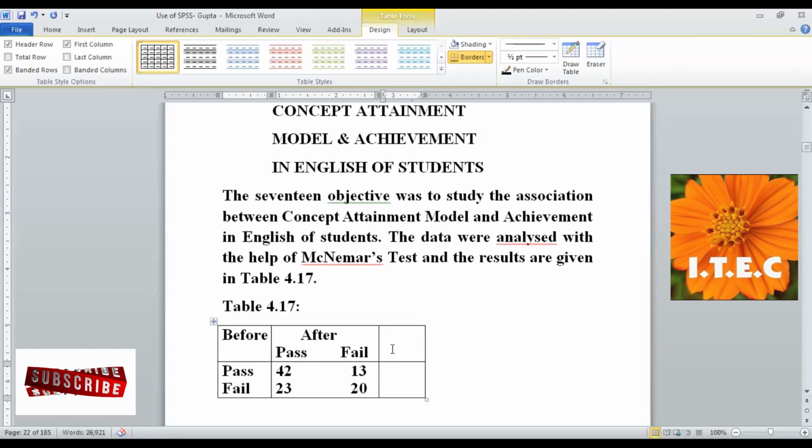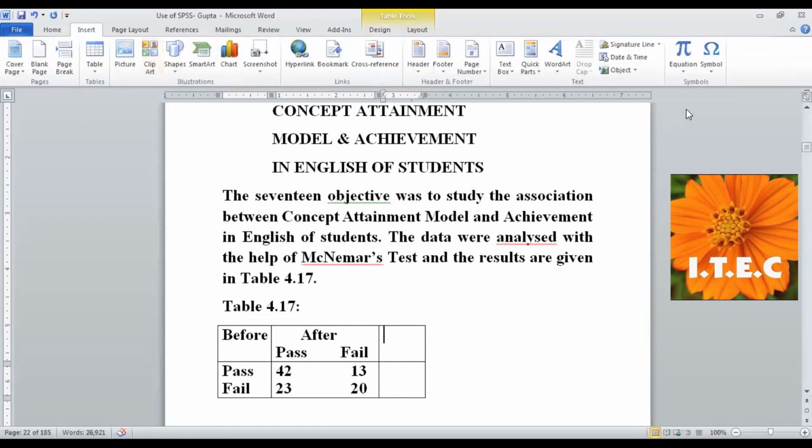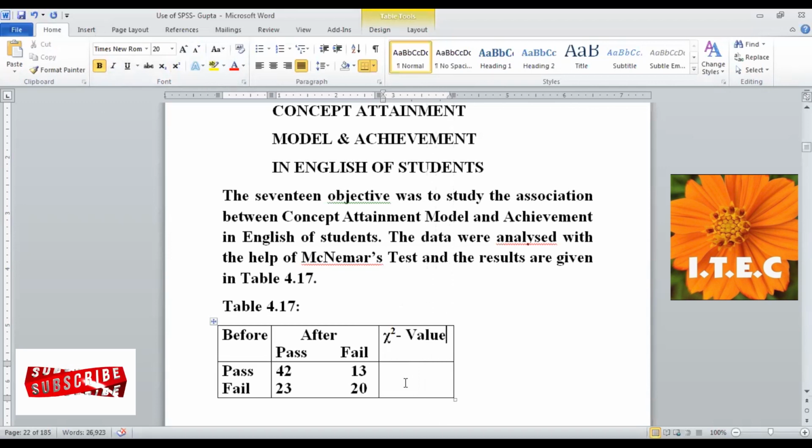And this is your chi-square value. Chi-square value. And the chi-square value was 2.250.